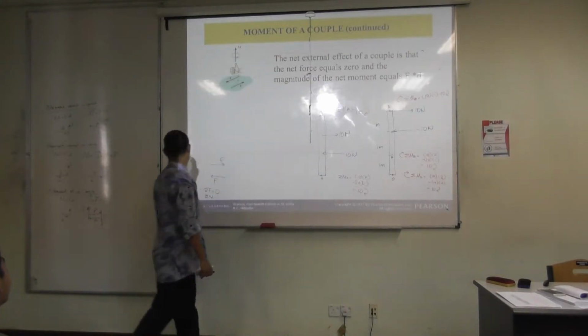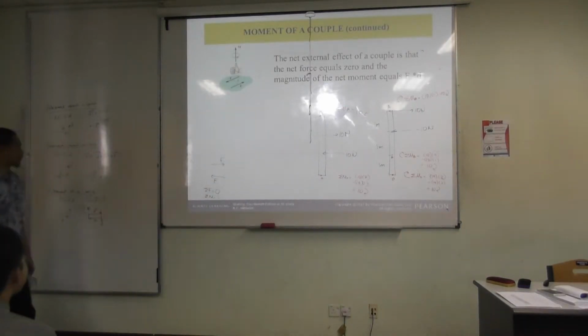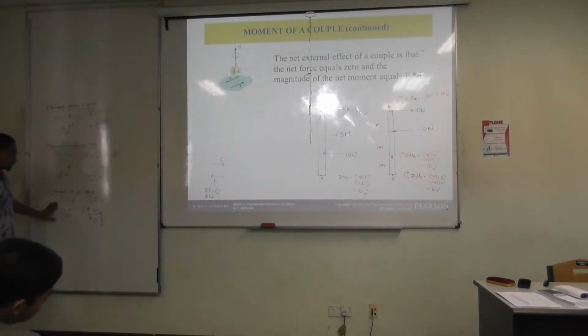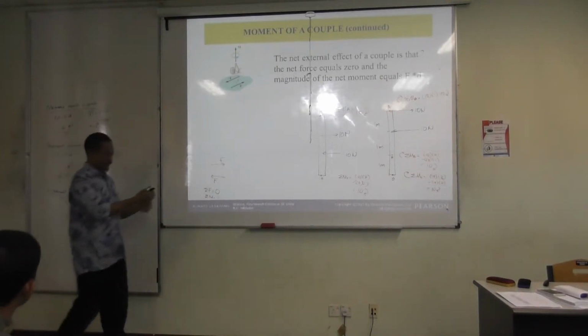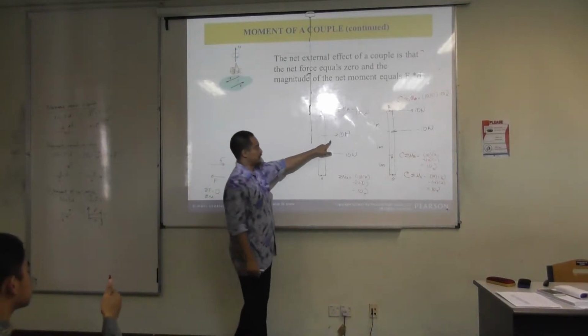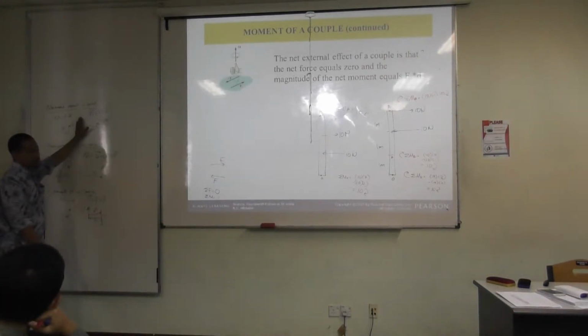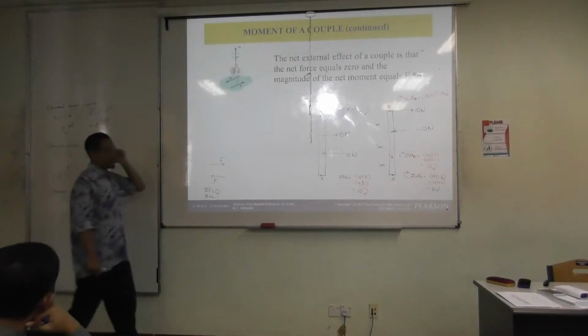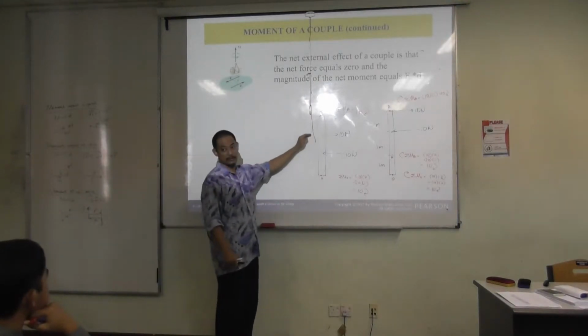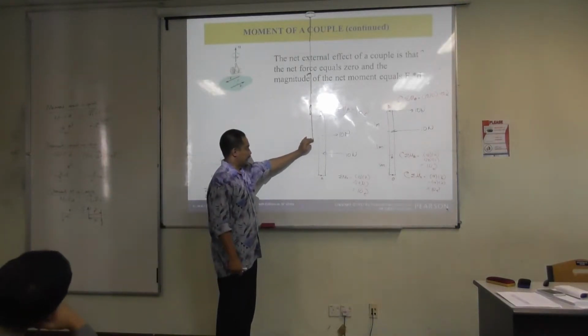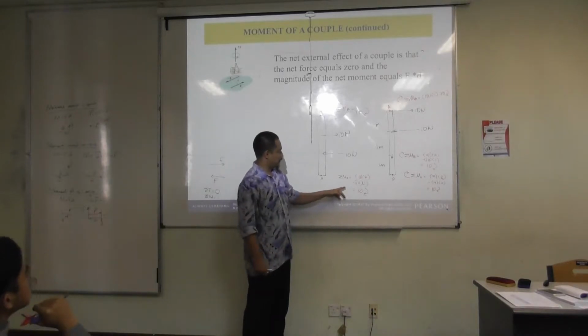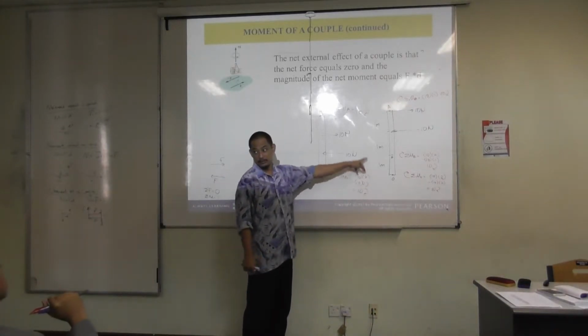So that's the characteristic of a couple, right? Normally, before, when we learned about moment about a point where we have multiple forces, what we do is calculate the moment about the point, right?